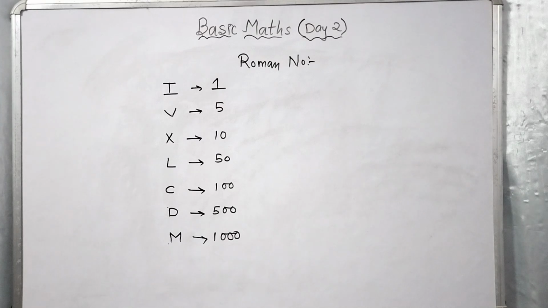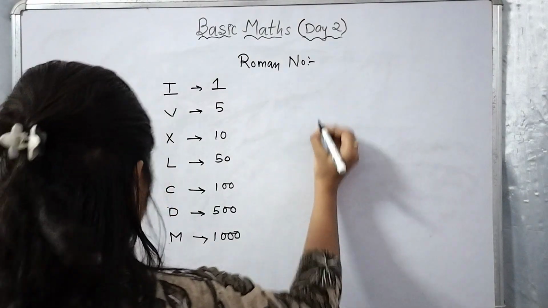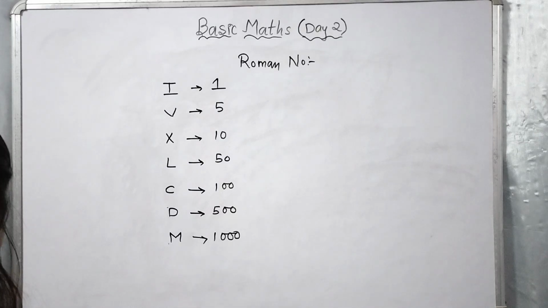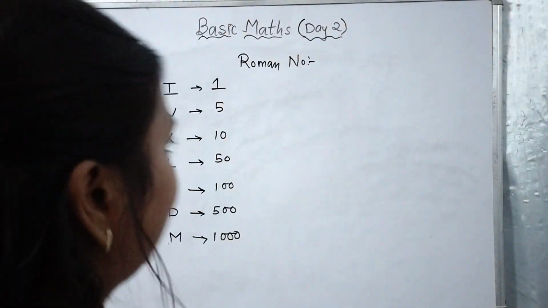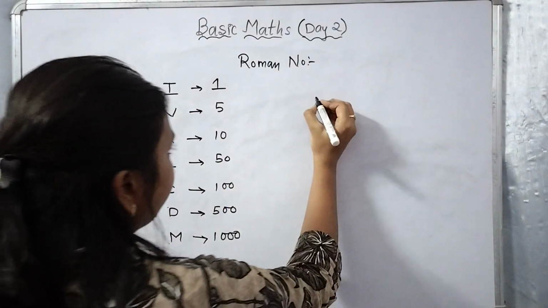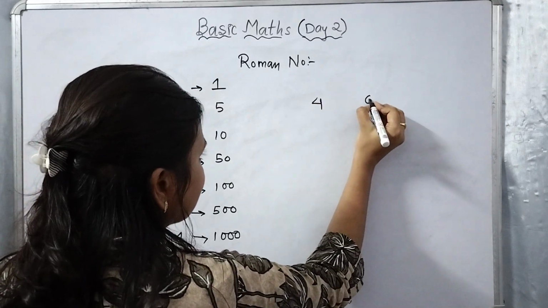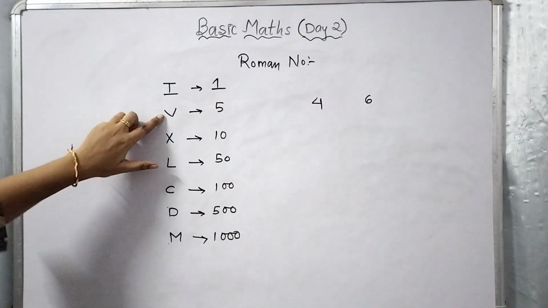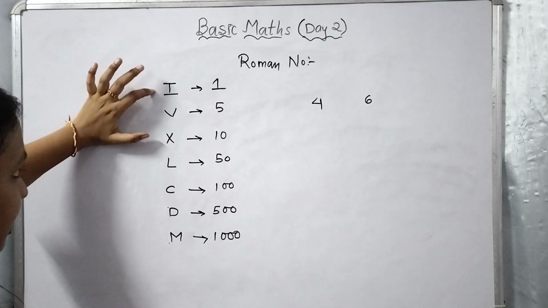Now there are some important facts which you need to know. One fact is this: if you want to write 4 and if you want to write 6, how will you write it? You know that this is 5 and this is 1.